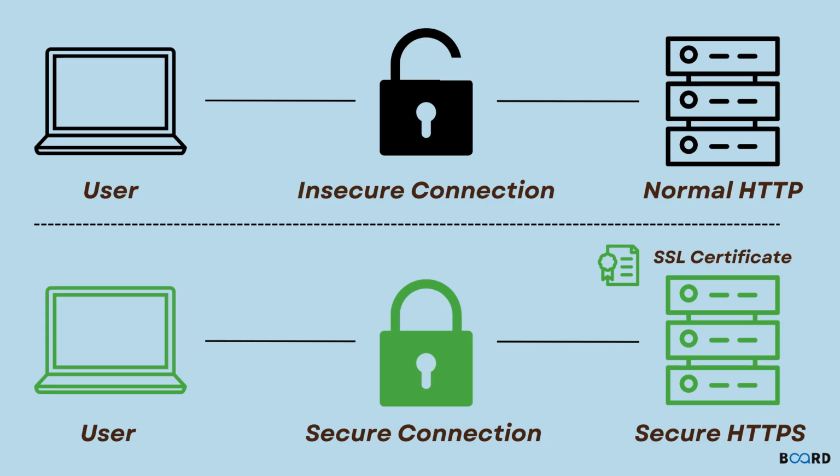SFTP is the Secure File Transfer Protocol, a secure version of the File Transfer Protocol, FTP. SSL is the Secure Sockets Layer, and TLS is Transport Layer Security, protocols used for encrypting network communications.